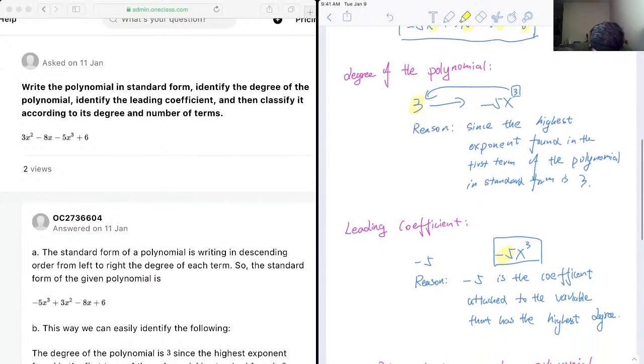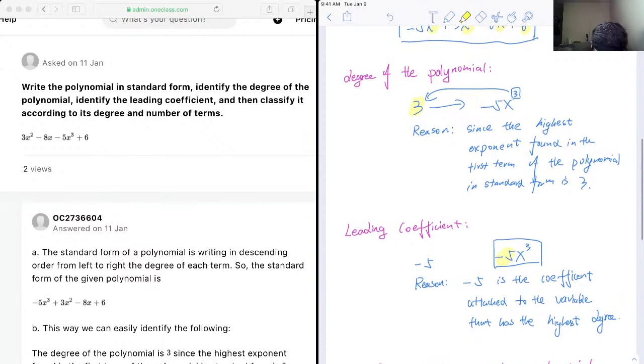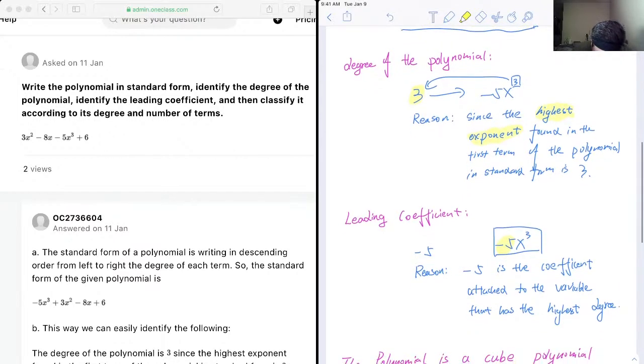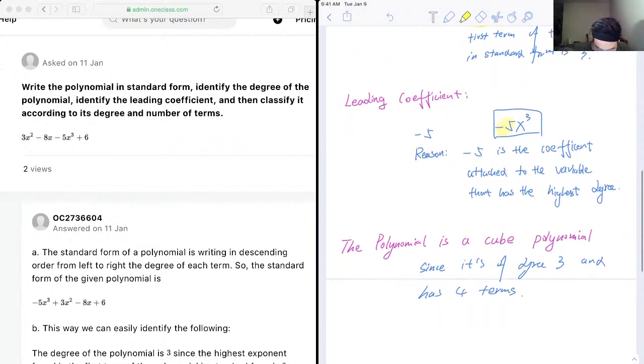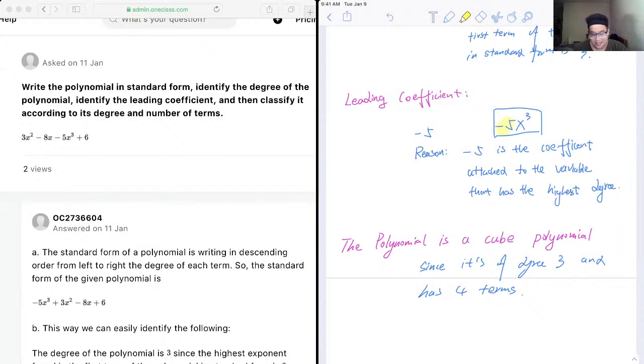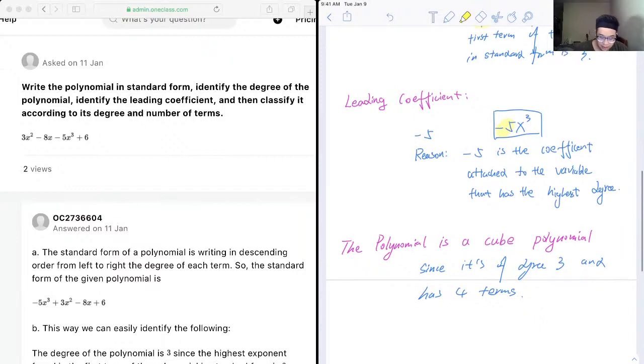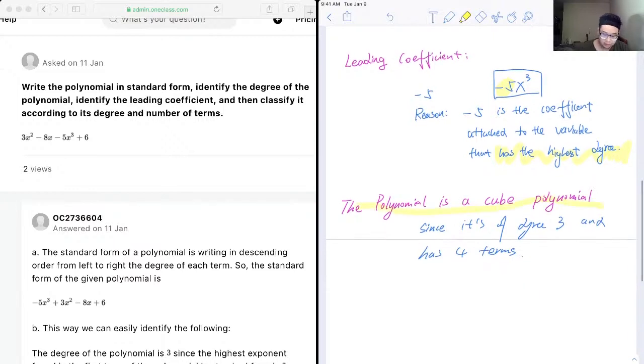So the keyword will be the highest exponent. For the leading coefficient, it is just the coefficient attached to the variable that has the highest degree. And lastly, the polynomial is a cubic polynomial.